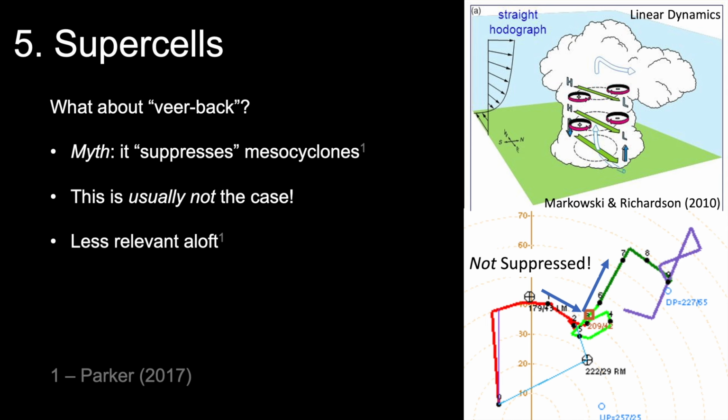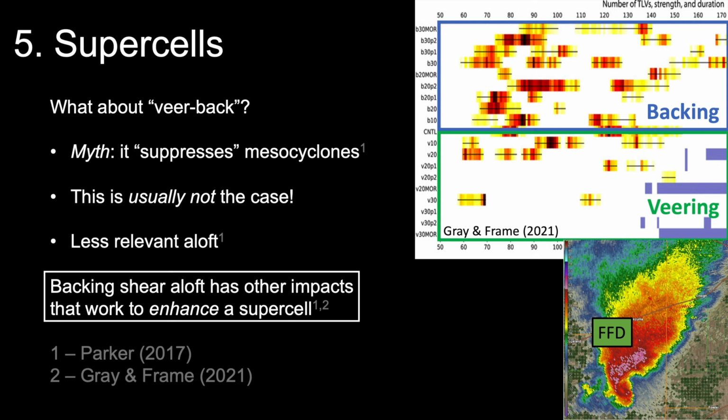And I think the most important thing that we need to consider is that recently research has come out with other things that this backing aloft can do that might actually work to enhance a supercell. Especially this Gray and Frame study found that backing aloft actually increased the frequency and the longevity of tornadoes in their simulations. And there are a lot of cases just observationally that have produced really long track tornadoes with backing aloft.